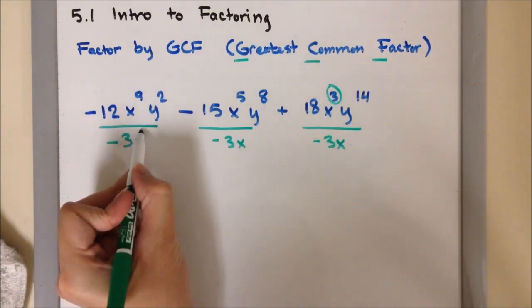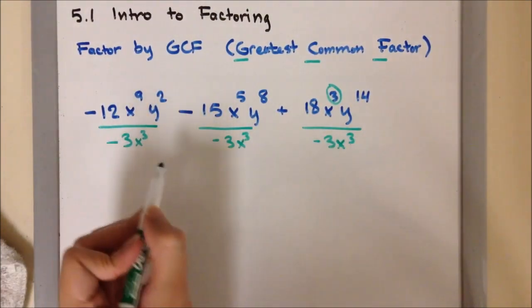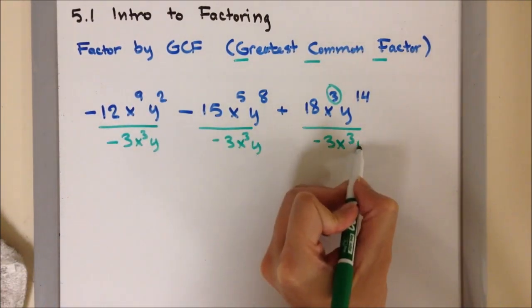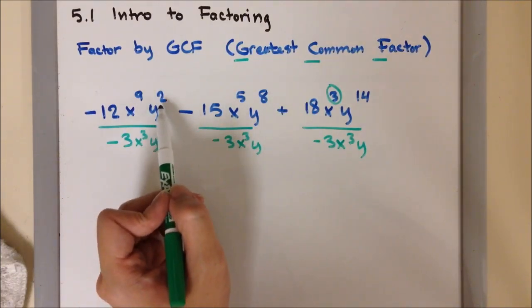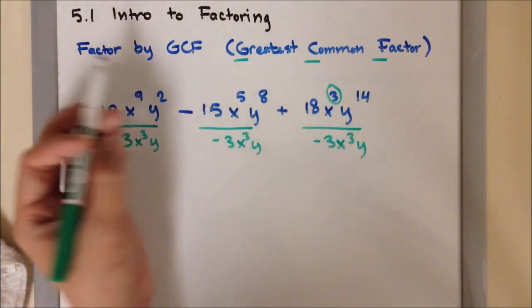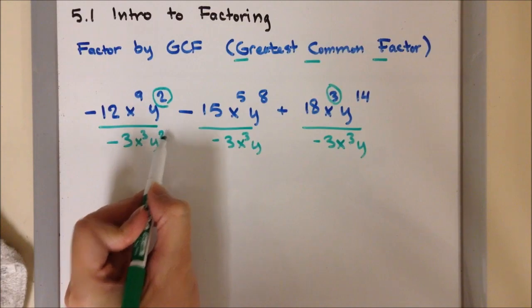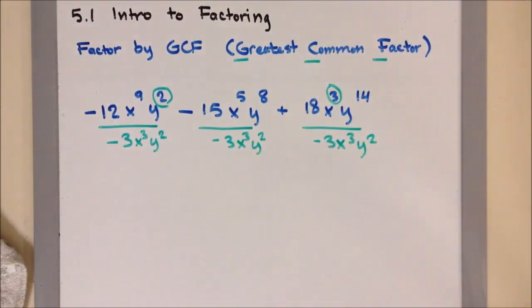So I'm going to write x to the third, x to the third, x to the third. Now let's do the y's. The lowest of the y's for the exponents is the square. When comparing 2, 5, and 14, I'm going to use the 2 for the y. So y squared here, y squared here, y squared here.